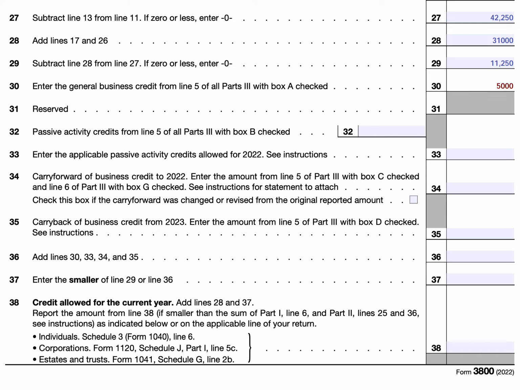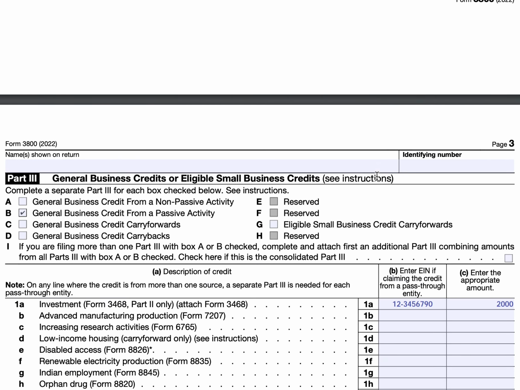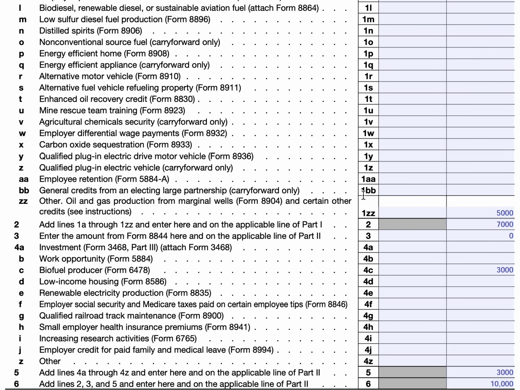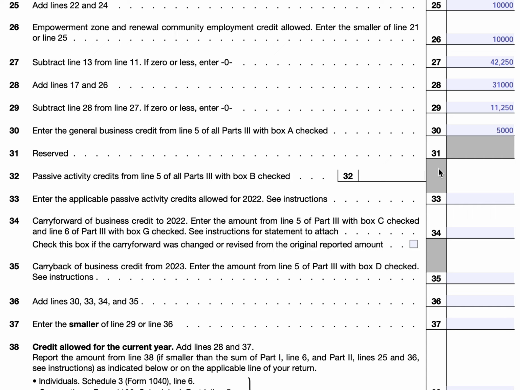And let's just say we had $5,000 of those. And then again, we'll do this with passive activity credits that we also totaled here. For the sake of discussion, we'll just say that that was $1,000.